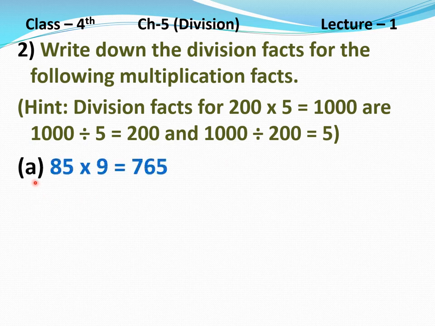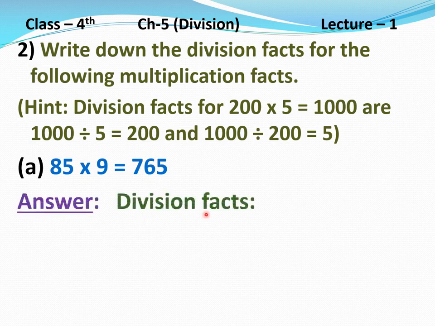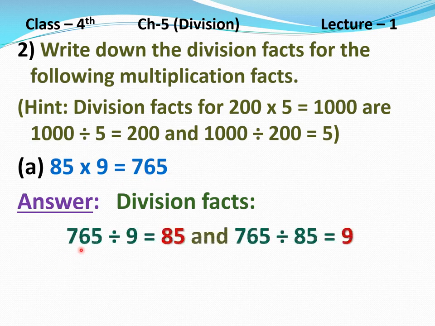Now, A part, 85 multiply 9 equal to 765. Answer, division facts for 85 multiply 9 equal to 765 are 765 divide 9 equal to 85 and 765 divide 85 equal to 9.